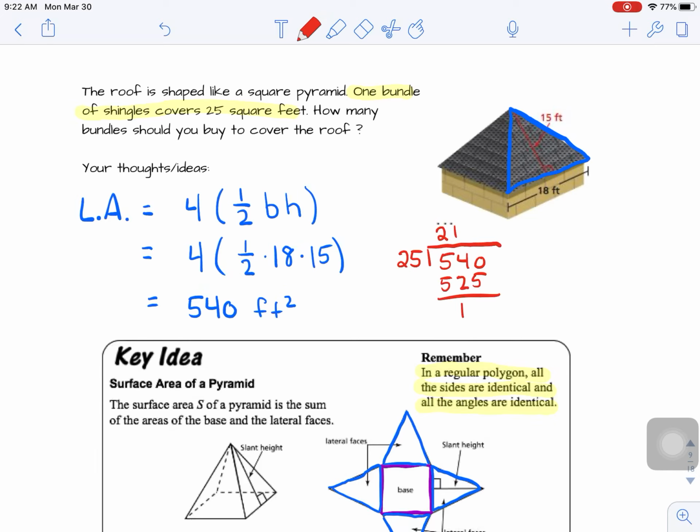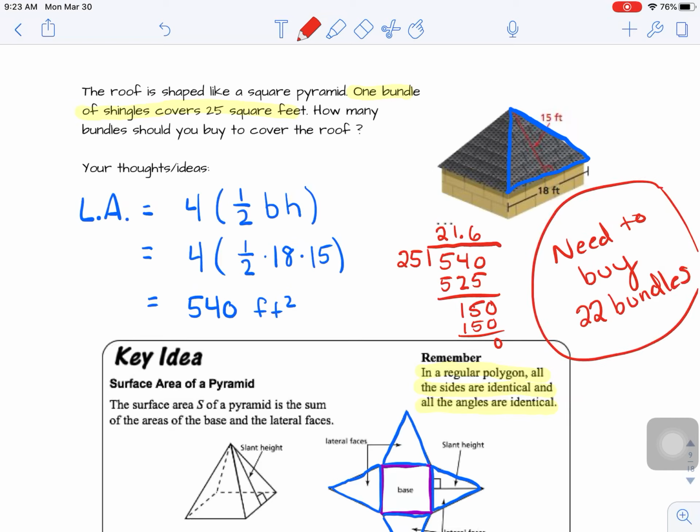When we subtract, we get 15. 25 obviously does not go into 15, so I'm going to add my decimal and add my 0. 25 goes into 150 6 times, so I end up with 21.6. I cannot buy 21.6 bundles, so I'm going to need to buy 22 bundles. I'm going to have to round that up because 21 bundles wouldn't quite be enough. So I need to get 22 bundles to cover the entire roof.